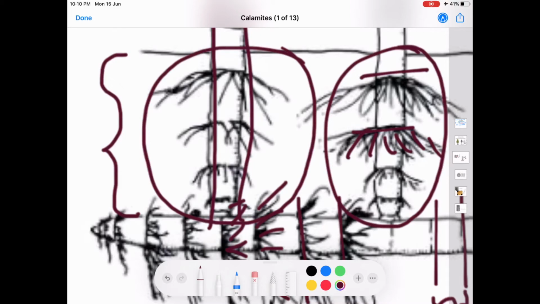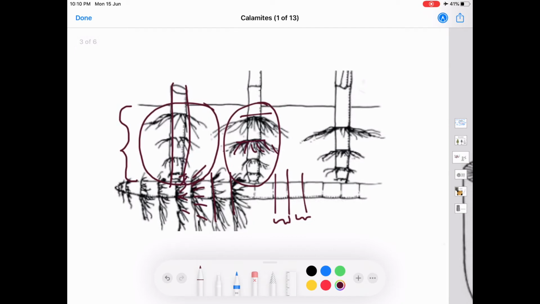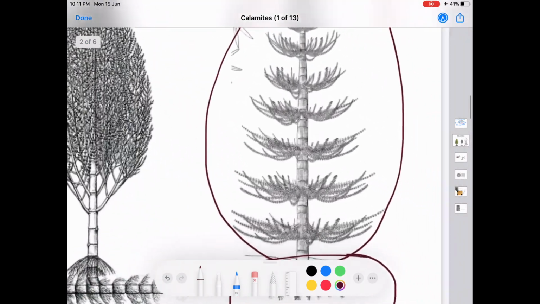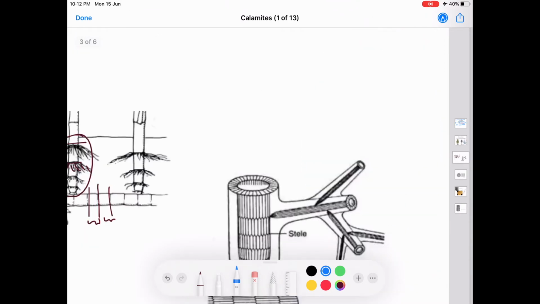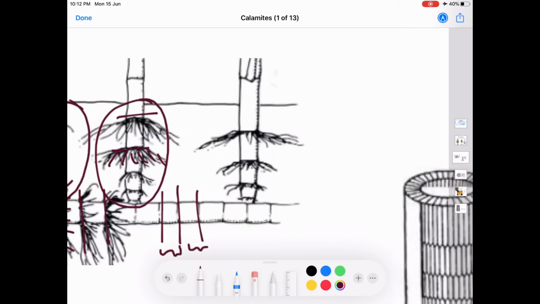The aerial shoot is also divided into nodes and internodes. The aerial shoot also carries numerous leaves. See this, numerous leaves, and these leaves are restricted to the nodal region and are arranged in whorls. The point of attachment of the aerial shoot to the rhizome is sharply constricted.